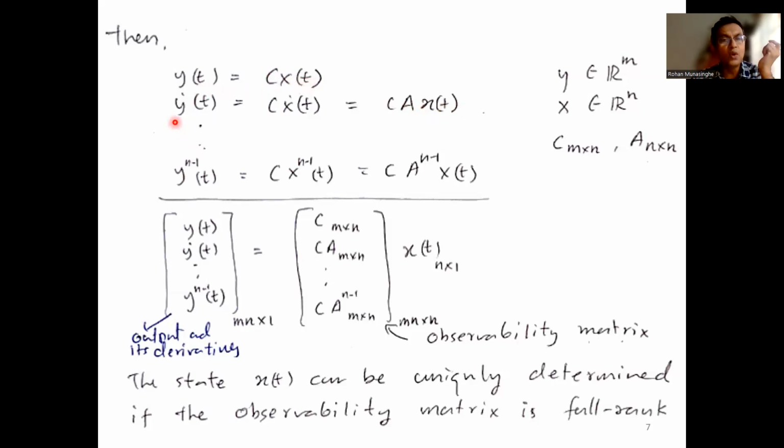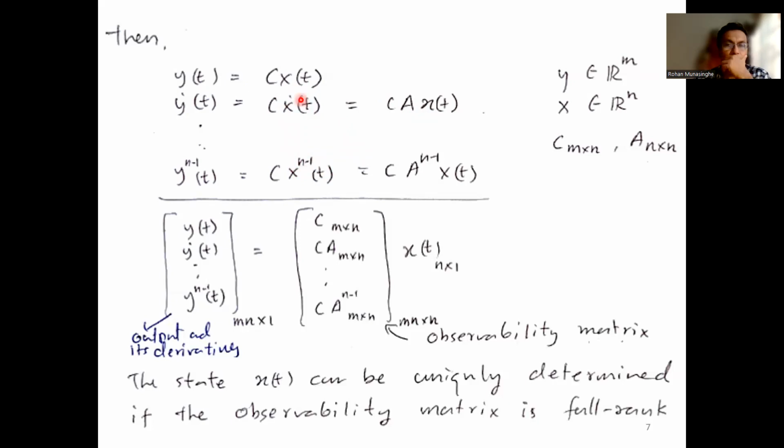So you keep going: y double dot(t) is equal to what? Then it will be C, what? C double dot x. Then when you put two of them together, it will be A squared. So like that, it keeps growing. This is the first x dot, x double dot, like that, it increases.